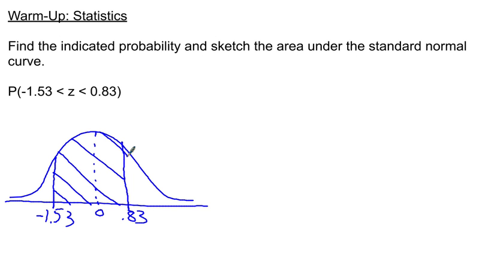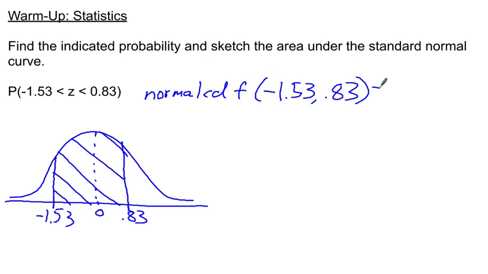So, if I go to the calculator and I type in normalcdf(-1.53, 0.83), this gives me the probability of 0.7337, right? Or the area between these two z-scores is 0.7337.